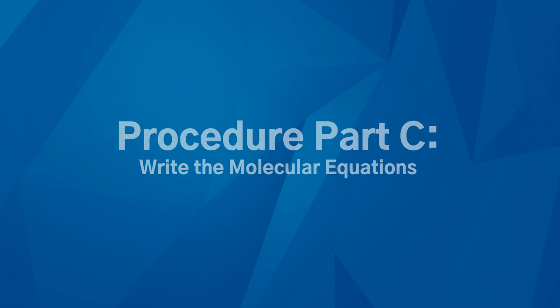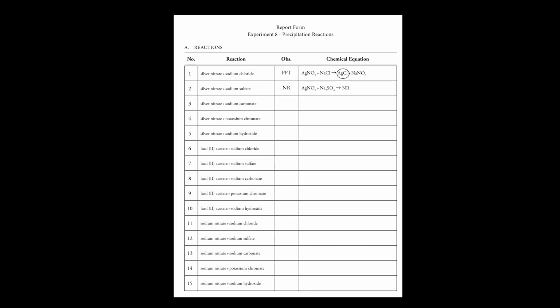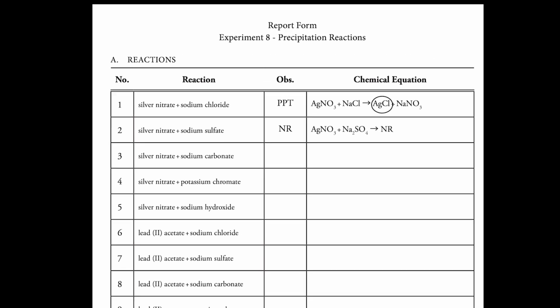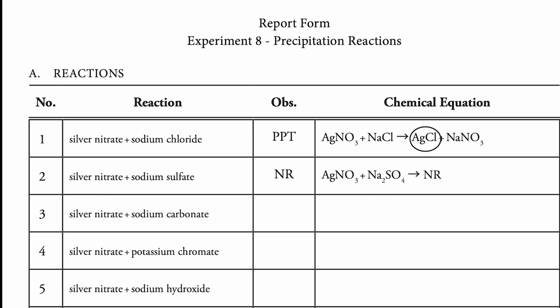Next, you'll write the molecular equations for the reactions which had a precipitate or showed evidence of a precipitate, such as cloudiness or haziness. For each of the 25 reactions that you did, you write the reactants on the left-hand side and a right arrow. Then, if you observed a precipitate or haziness, you will write the products on the right-hand side, and then you will make sure each of those products is charge neutral.